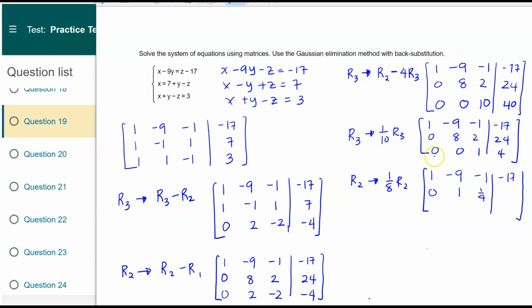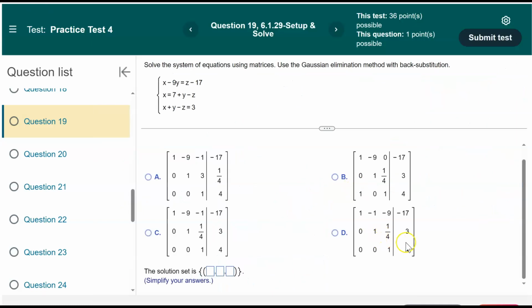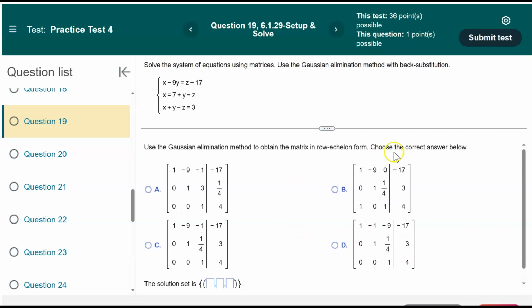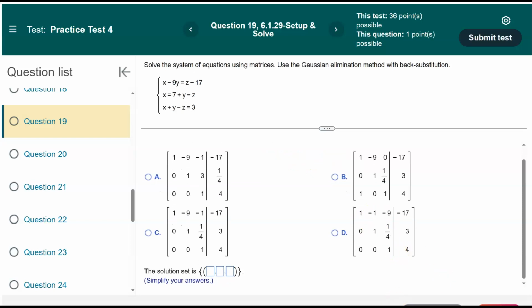And then 24 divided by 8 is 3. Then you copy the third row, 0, 0, 1, 4. Okay, so now if you go back to the choices, which one is it? So it's letter D. That is the row echelon form of the matrix.